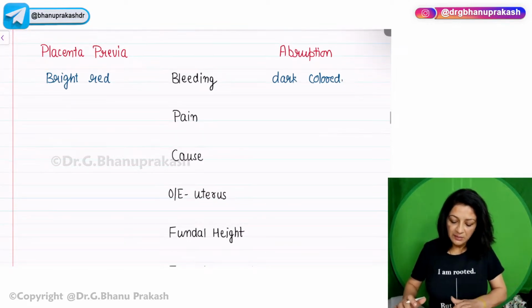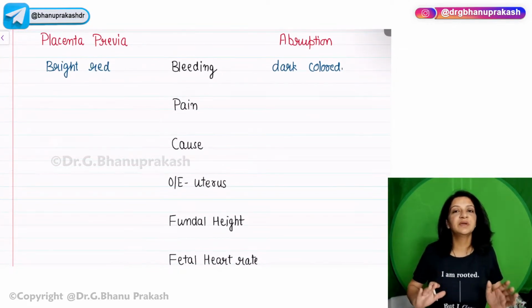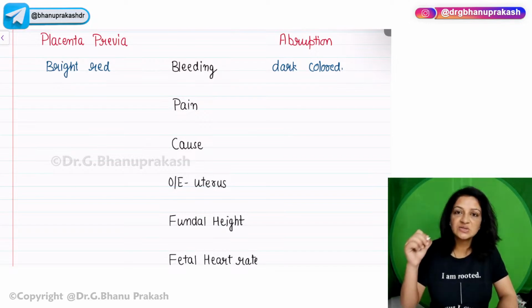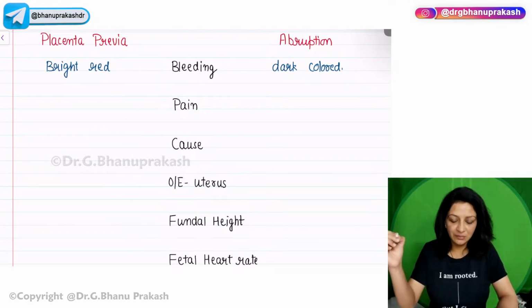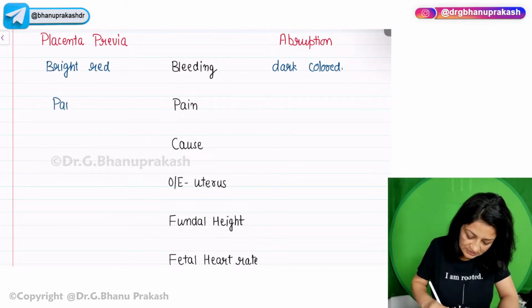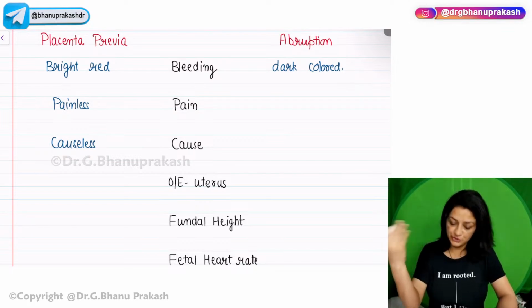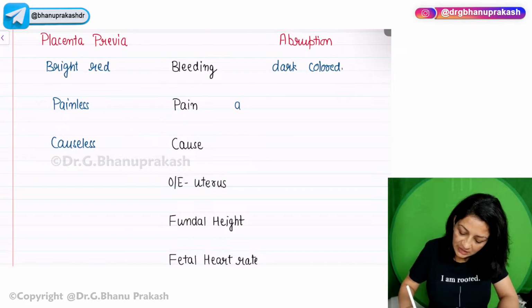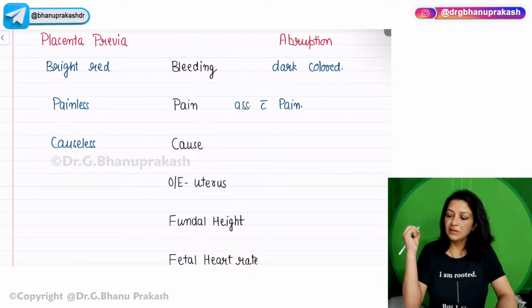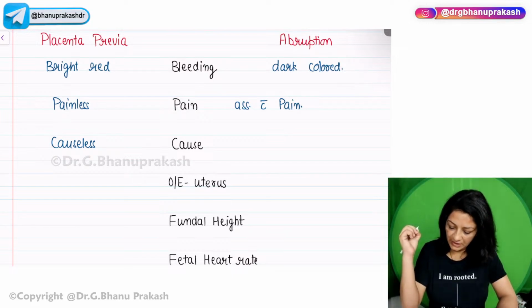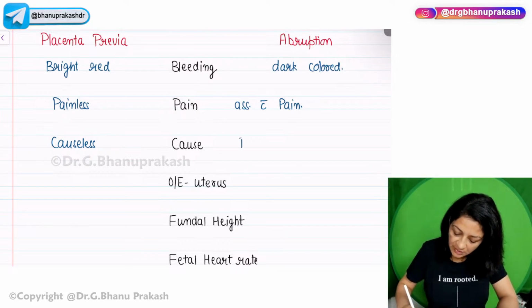This point is very important to differentiate between placenta previa and abruptio placenta. In case of placenta previa, bright red bleeding, painless, causeless, and recurrent. But in case of abruptio placenta, bleeding is associated with pain, and the cause could be pregnancy-induced hypertension and trauma.